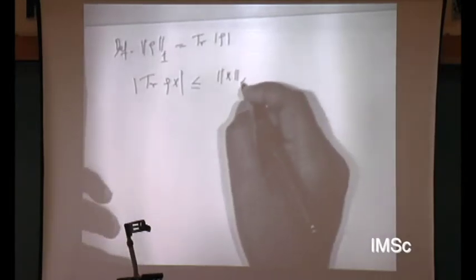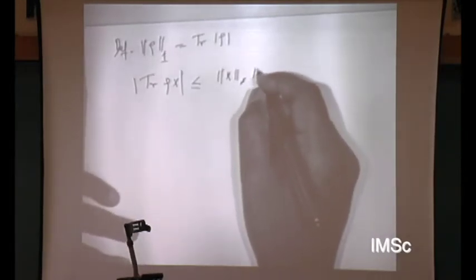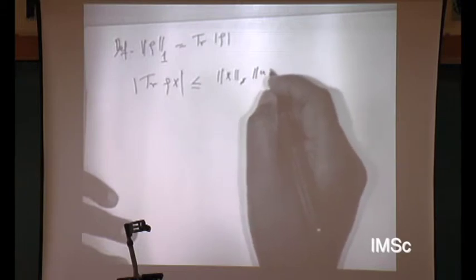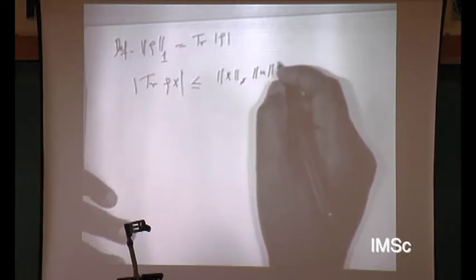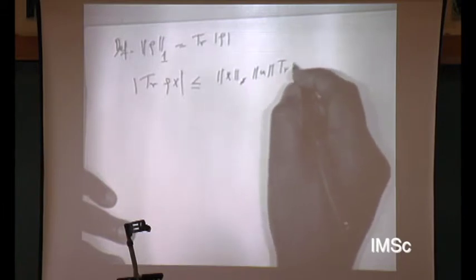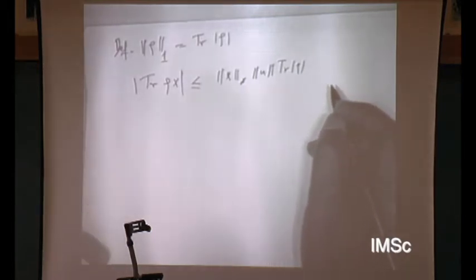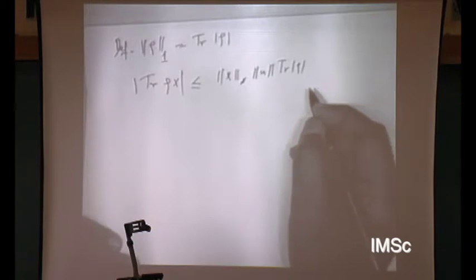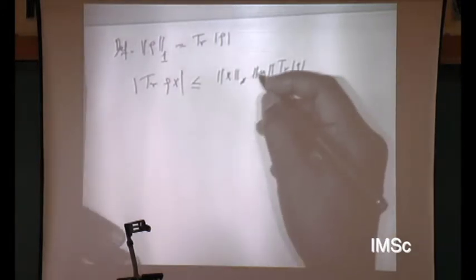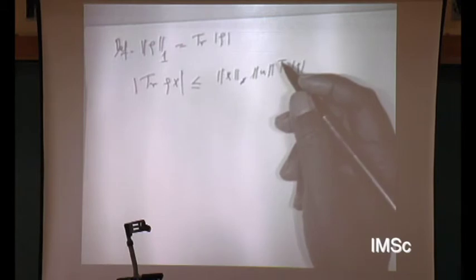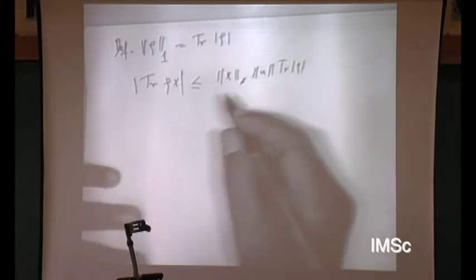So norm x infinity, norm u times trace mod rho, and this I can forget, norm u is less than or equal to 1, right?